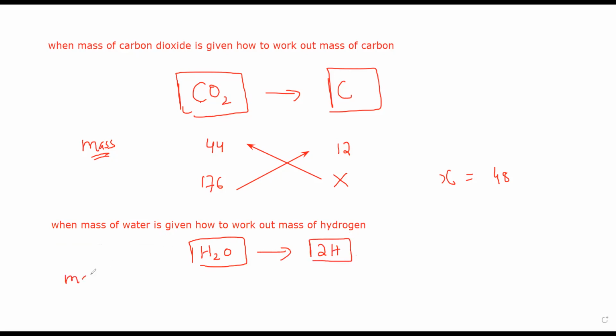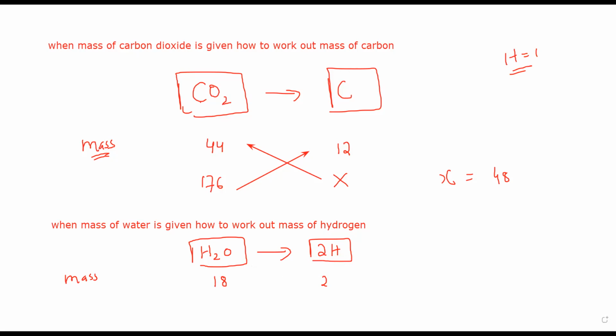When we take the mass of the water, hydrogen is 1 multiplied by 2, plus oxygen is 16, so the total mass of the water is 18. The mass of the 2 hydrogen atoms will be 2. That's why the mass ratio is 18 is to 2.